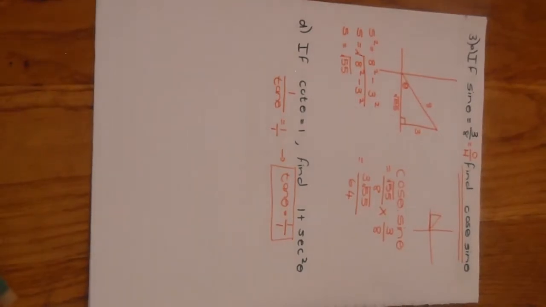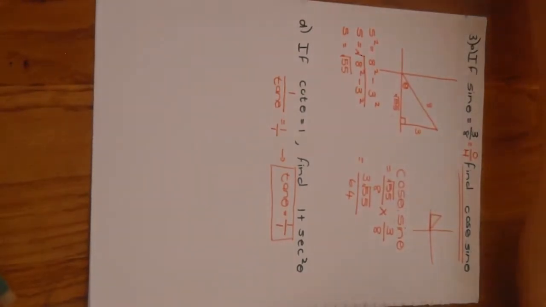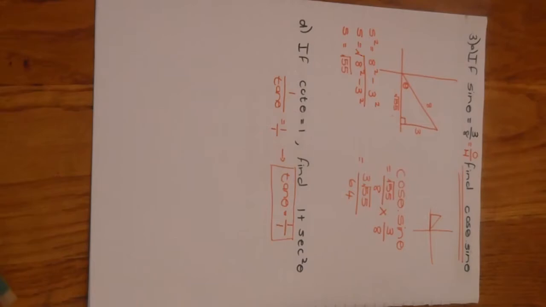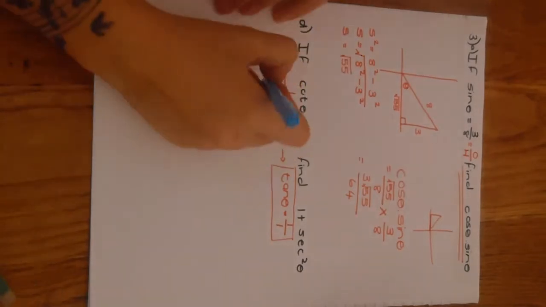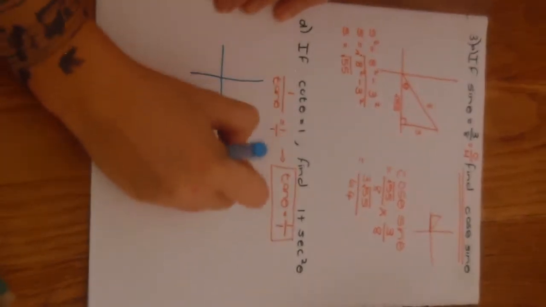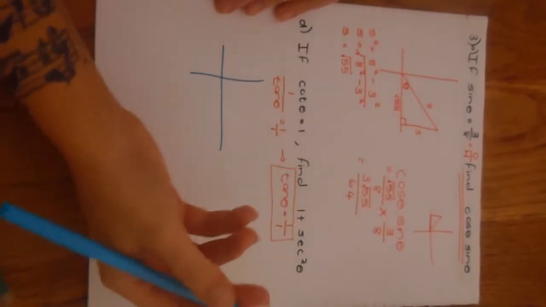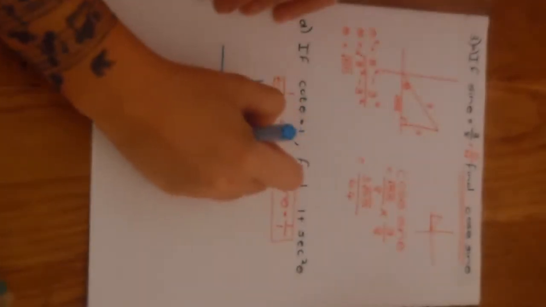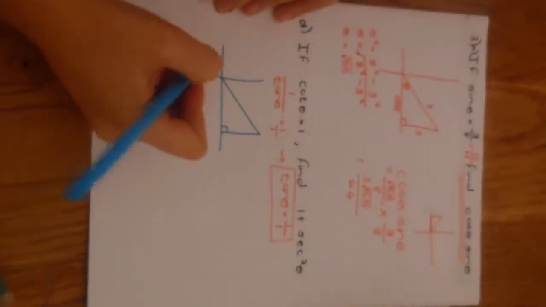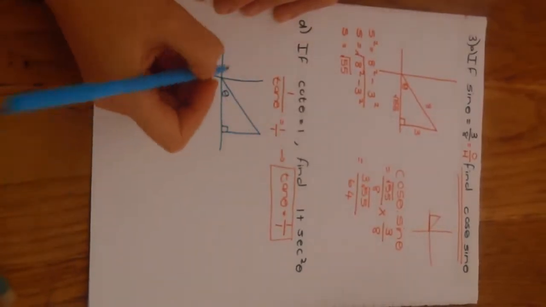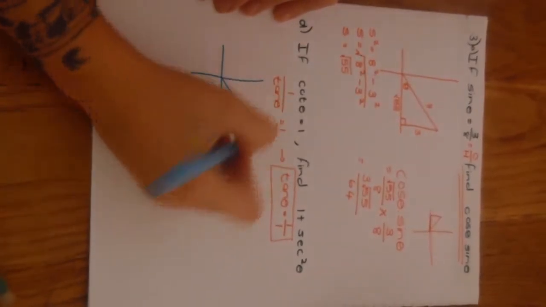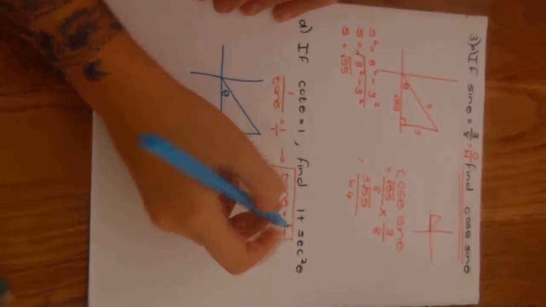Now remember, I said to you, if they don't give you any information, you're just going to draw it in your first quadrant. So I'm drawing in my first quadrant because it's positive and they didn't give me any other info. It looks like that. Here's theta. Tan is opposite, which is 1, over adjacent, which is also 1.